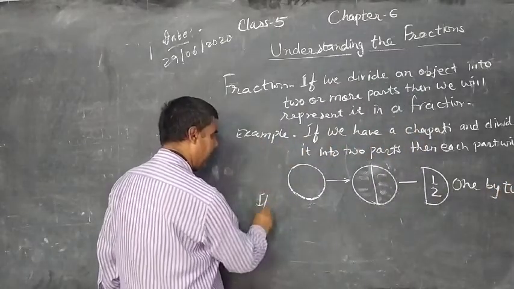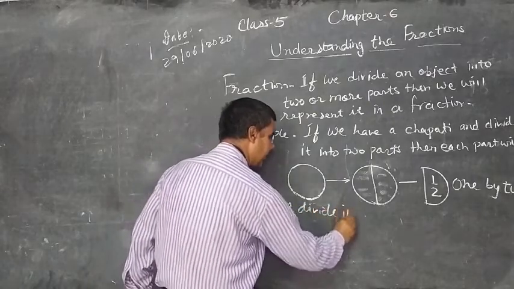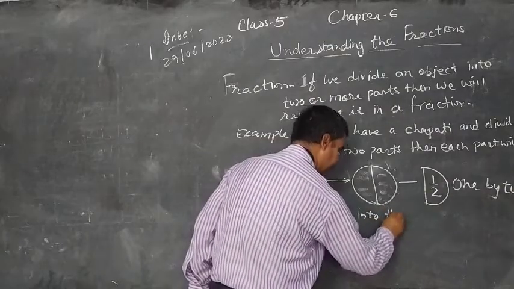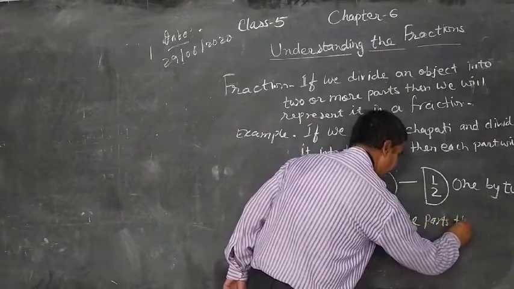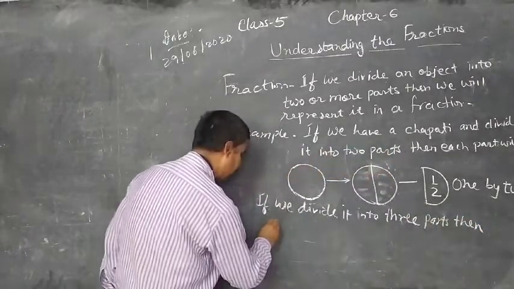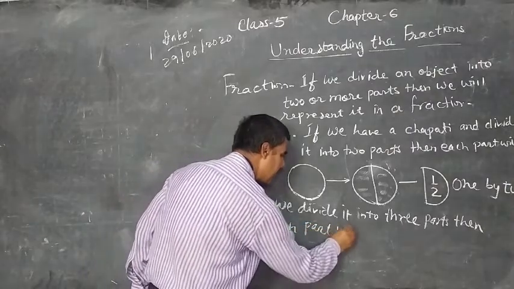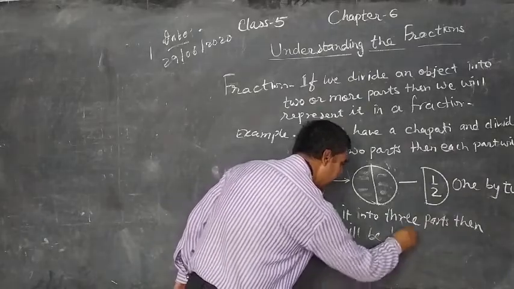If we divide it into three parts, then each part will be 1 by 3.